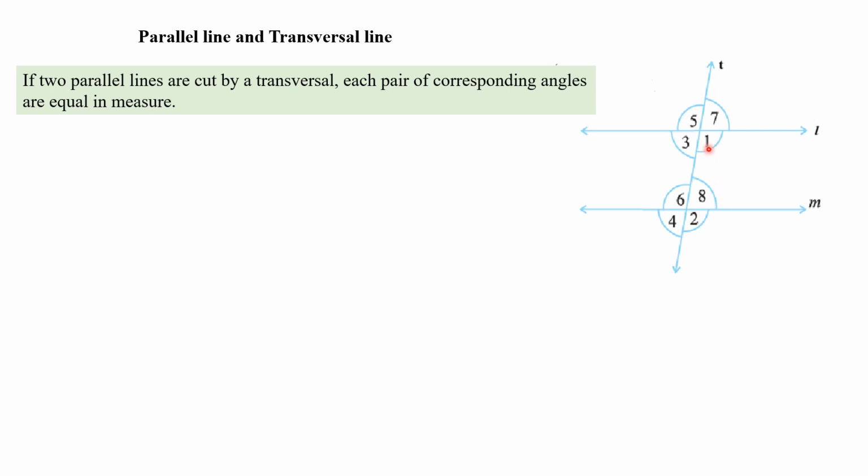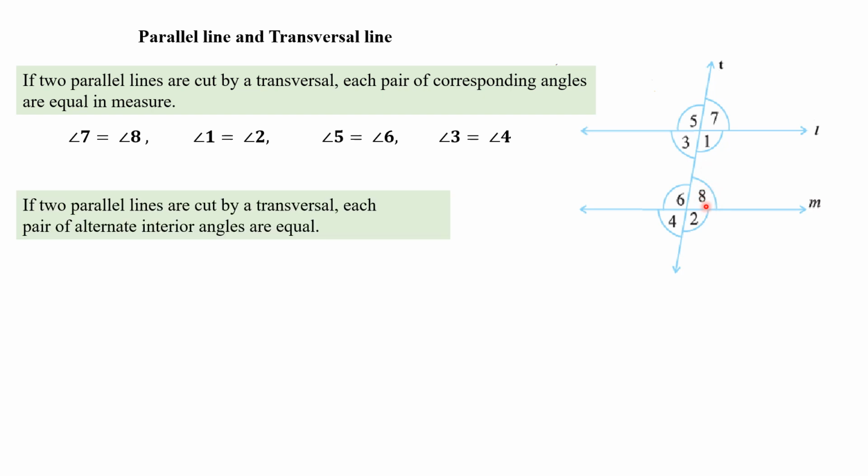Okay. Similarly angle 1 and angle 2 are also corresponding angles. Now angle 5 and angle 6 are also corresponding, and angle 3 and angle 4 are also corresponding angles.